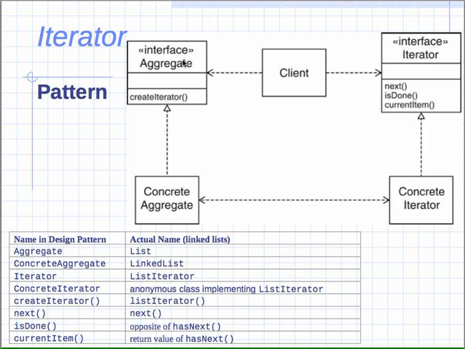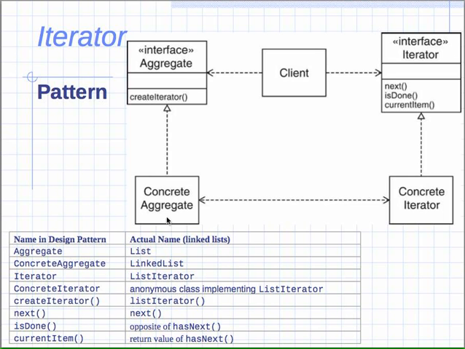Okay, so the client should see an iterator object eventually that interacts with the actual collection, which could be using an array or a linked list, and it could be a doubly linked list or anything. It doesn't matter.